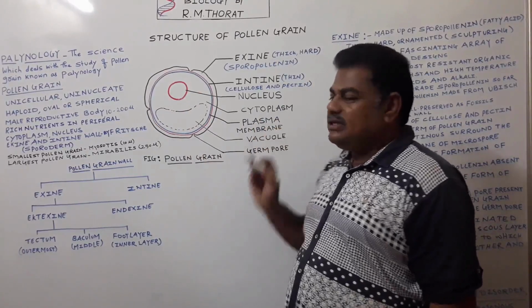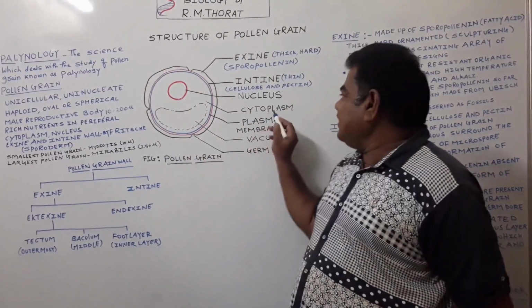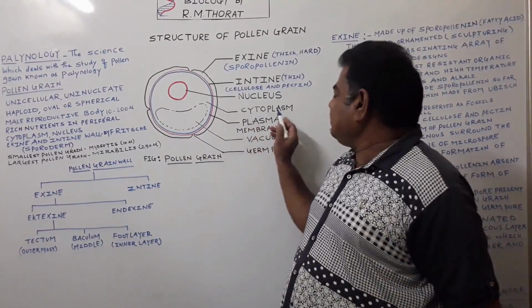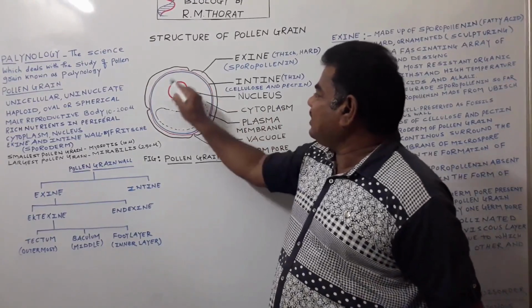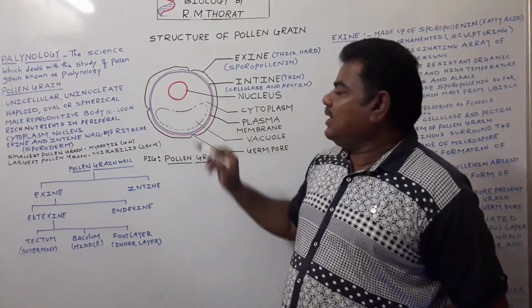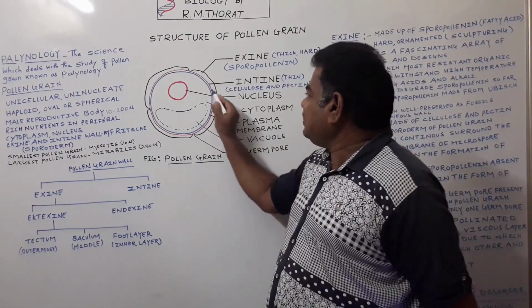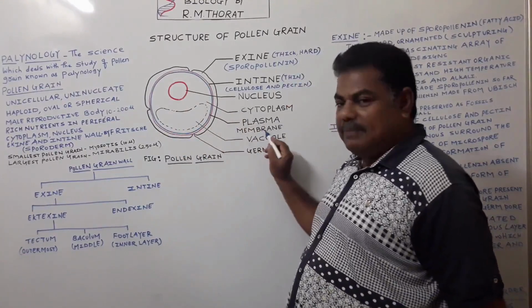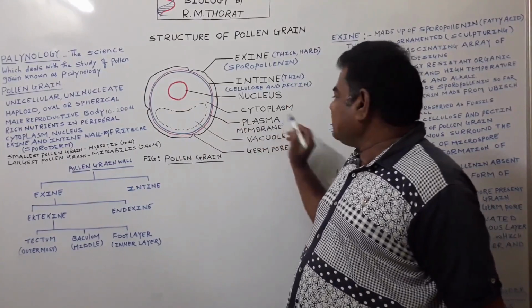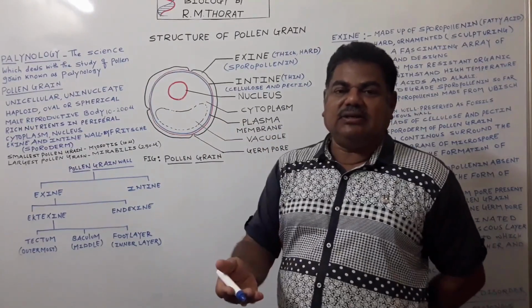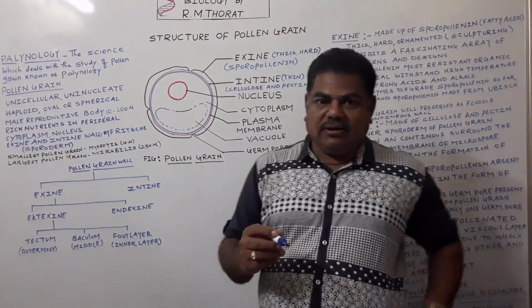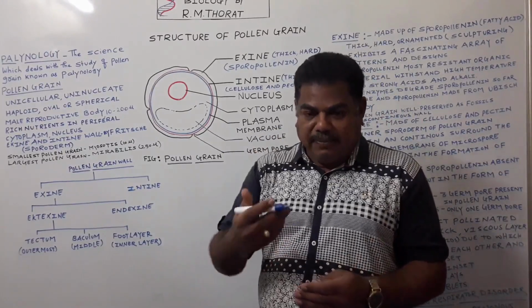Here cyto means cell and plasm means fluid. This cytoplasm is surrounded by a structure we call the plasma membrane.